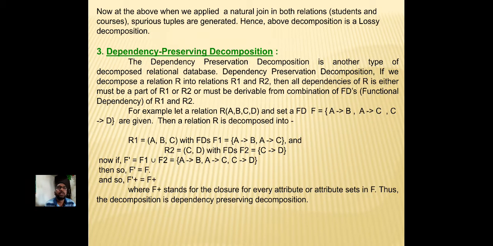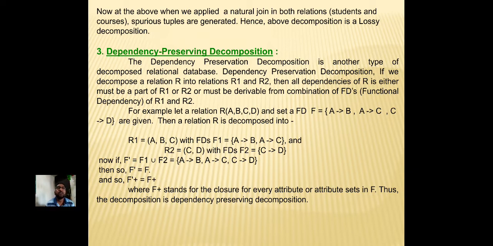If we decompose a relation R into relations R1 and R2, then all dependencies of R must either be a part of R1 and R2 or must be derivable from the combination of functional dependencies of R1 and R2. For example, let a relation R(ABCD) and a set of functional dependencies F equal to A determines B, A determines C, C determines D be given.